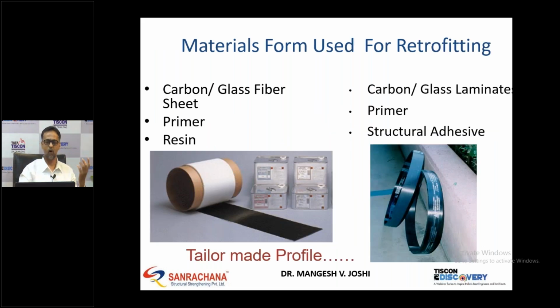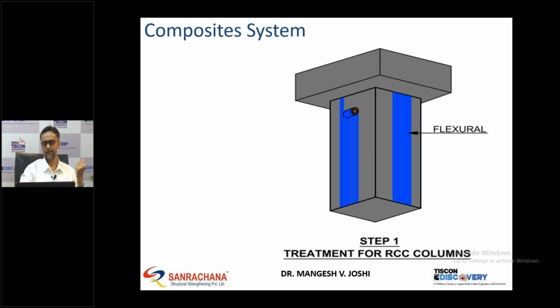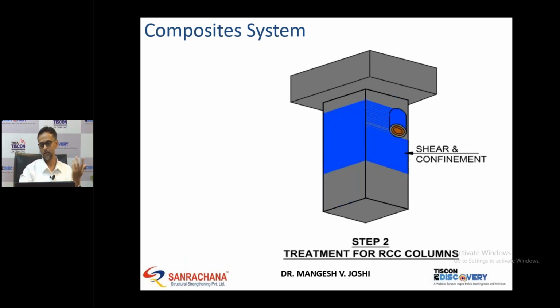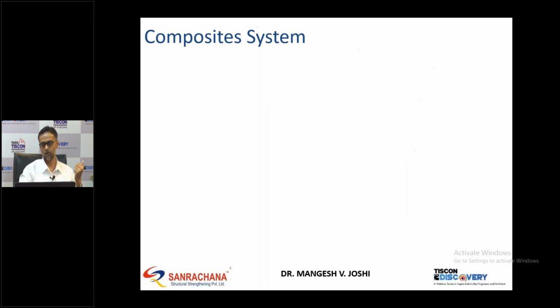These are available in different forms, like this type of wraps, which can be wrapped around RCC elements with resin, or this type of procured carbon laminates of different thickness and widths, which can be applied on the soffit of the concrete. For a column, we can apply vertical wraps for flexure loading like this, and then horizontal wraps for shear, or both the wraps depending on the requirement.